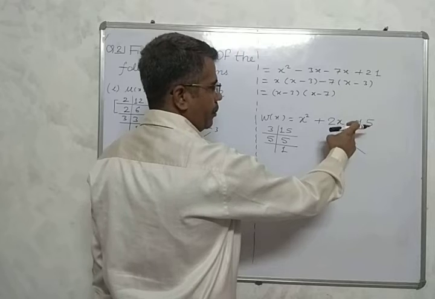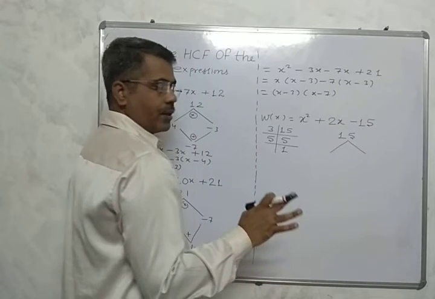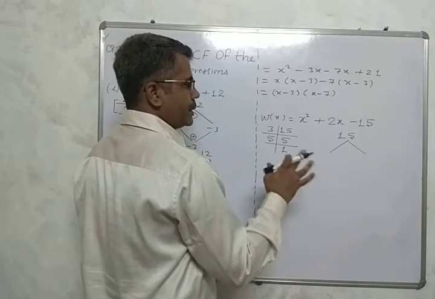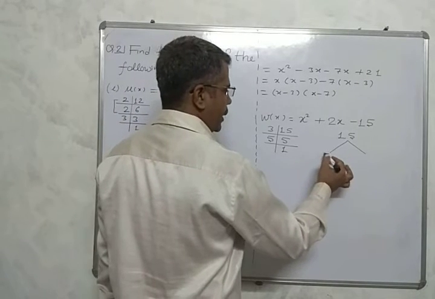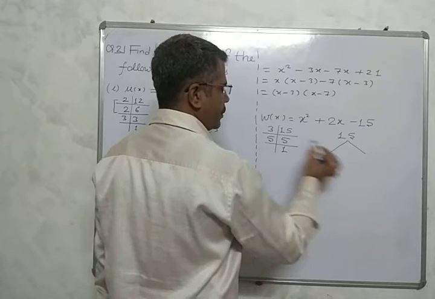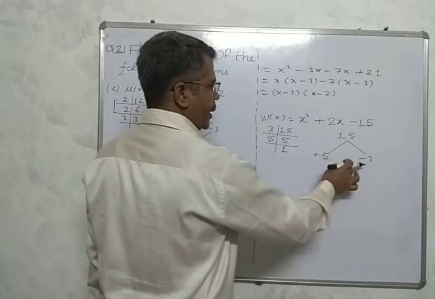Here the sign will be negative. We know that for two numbers with a difference, there is only one condition, when the sign will be changed. So we take the sign of 5 as positive and the sign of 3 as negative because we require 2.